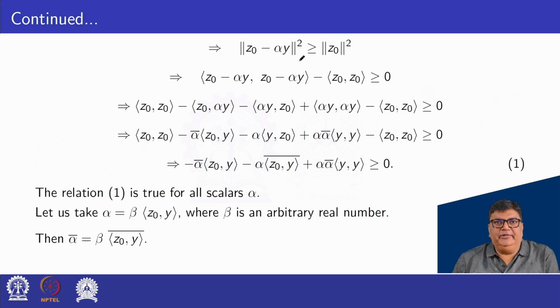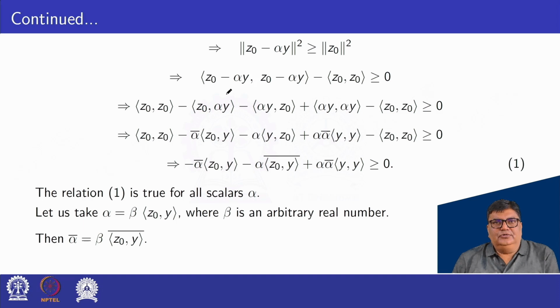So this can be written as the inner product of z0 minus alpha y, z0 minus alpha y, minus the inner product of z0, z0, which is greater than or equal to 0.